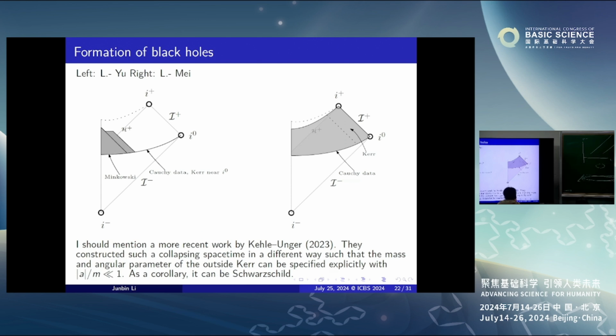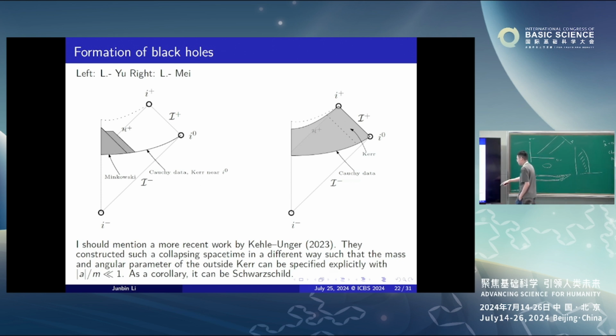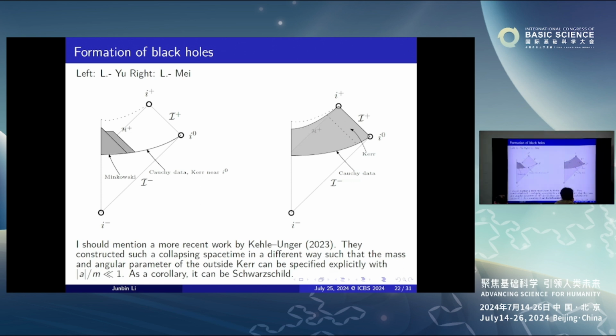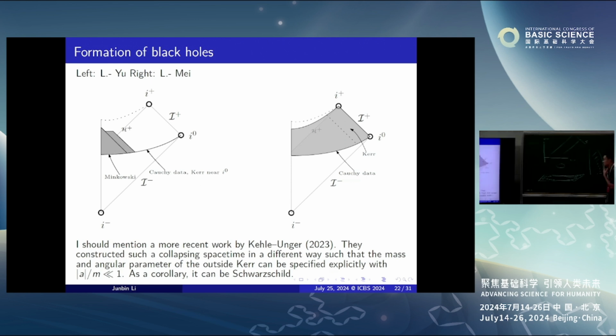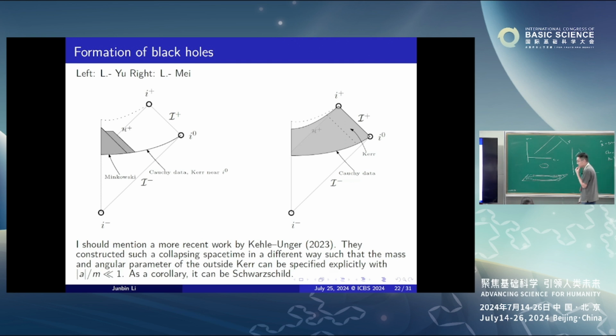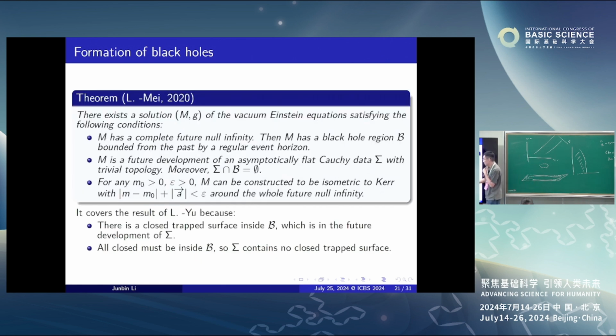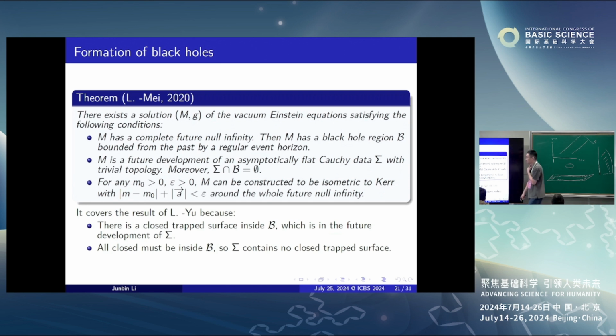Now, I should mention the more recent work by Kehle and Unger, that they also constructed a collapsing spacetime in a different way, such that the mass and angular momentum of the outside Kerr can be specified explicitly. Well, in our previous work, the outside Kerr parameter M, a is sufficiently close to M0, but you cannot specify M, a.